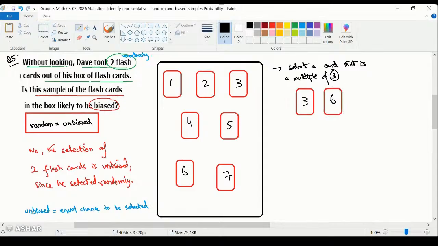So this was biased because I set a restriction for you. But if I say select any 2 cards, let's suppose I'll write down the name. So for Jordan, let's suppose he selects the card, I'm just selecting randomly, with 2, and you did a 7, right?